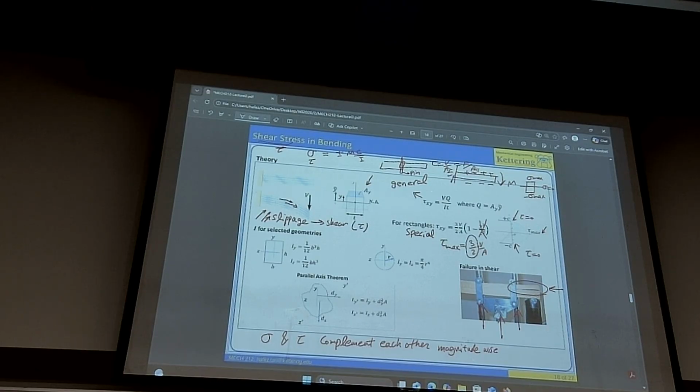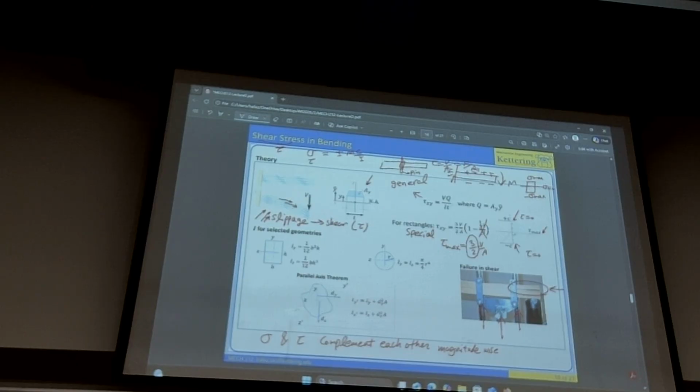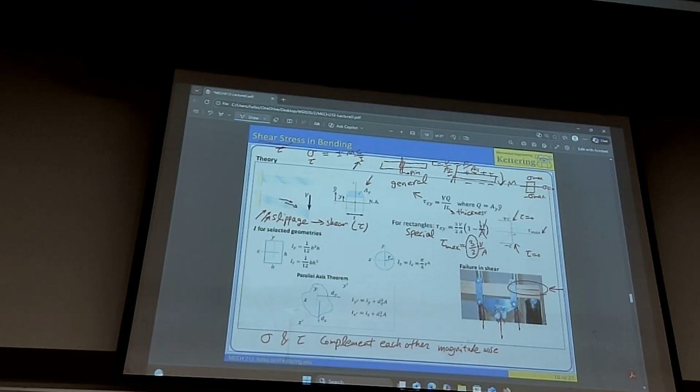All right, what else? For general formulation, if it's non-rectangular, we have to use this formula, VQ over It. I is the one that we already learned, and we already repeated that in the sigma calculation also. T is the thickness at the point of interest.